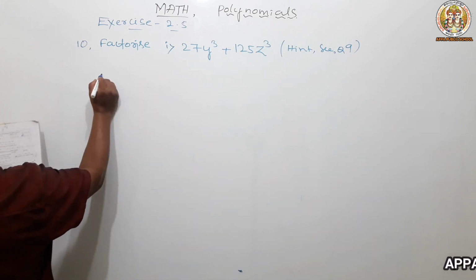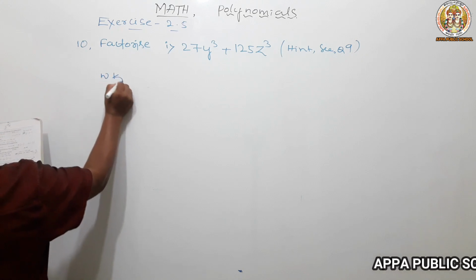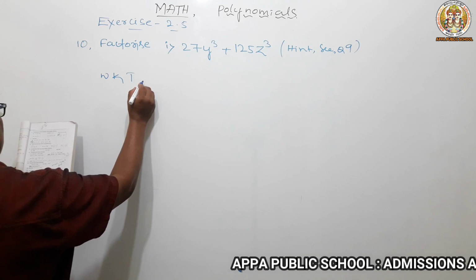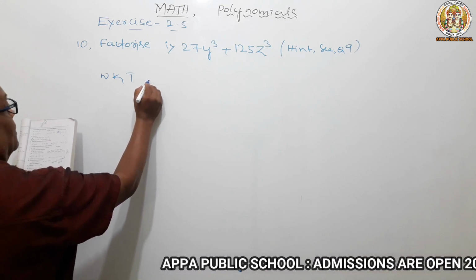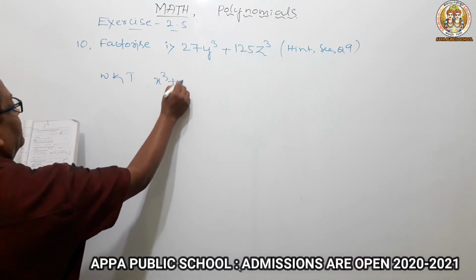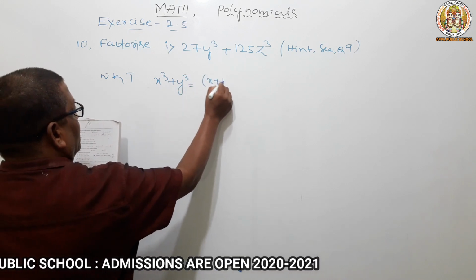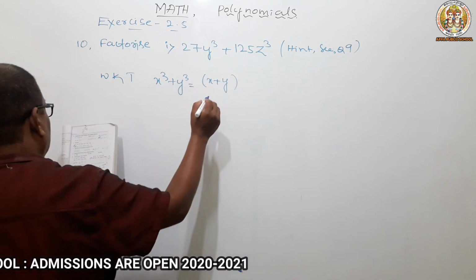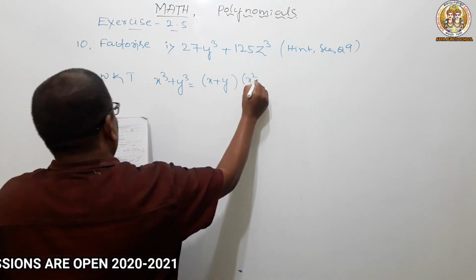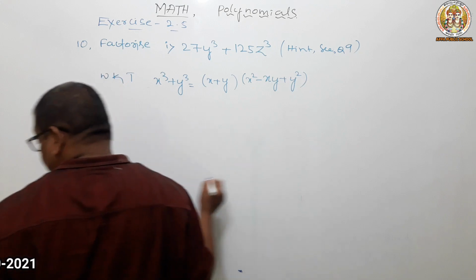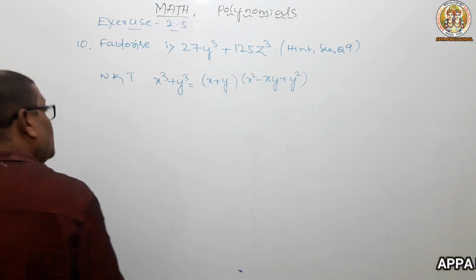We know that x cube plus y cube is equal to x plus y into x square minus xy plus y square.